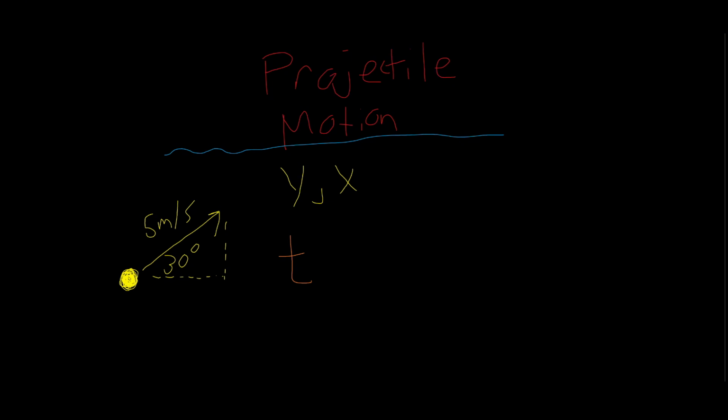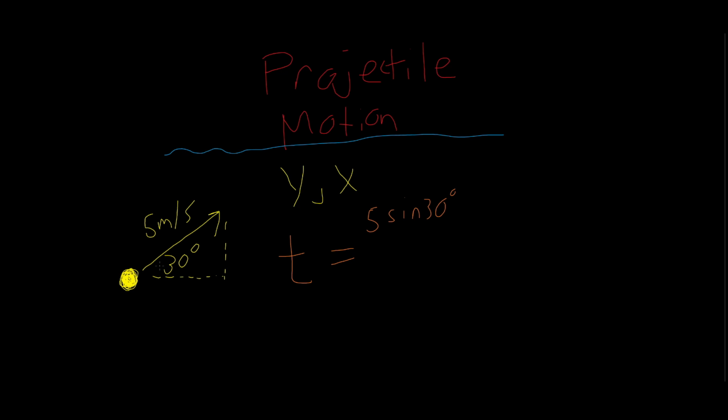Now, we know that this ball will have an initial vertical velocity of 5 times sine 30 degrees. The reason we know this is because this vector right here has a vertical component of the magnitude times sine of the angle, or 5 meters per second times sine of 30.